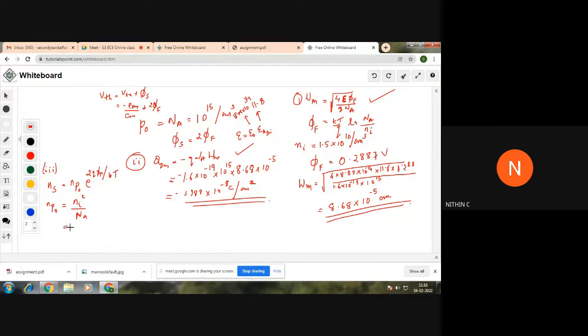First find the value of np naught and tell me the answer. Yes, 2.25 into 10 raised to 5. You get it directly. 2.25 into 10 raised to 5.